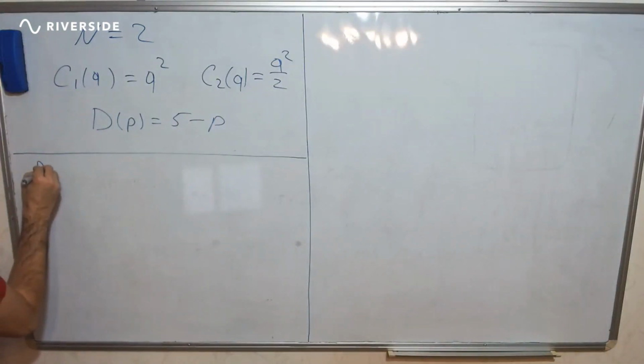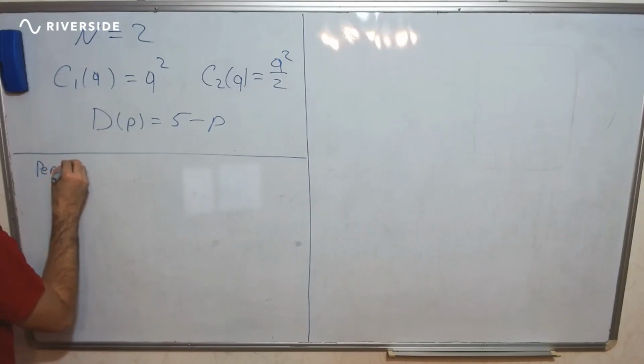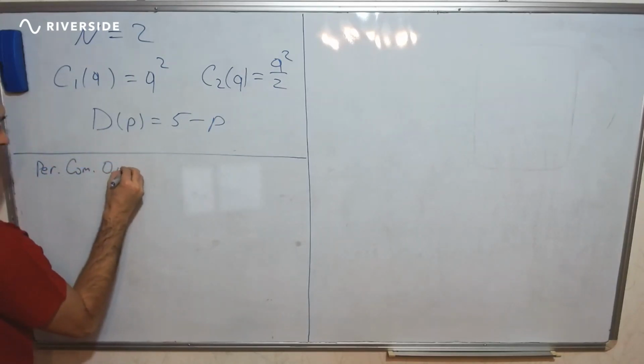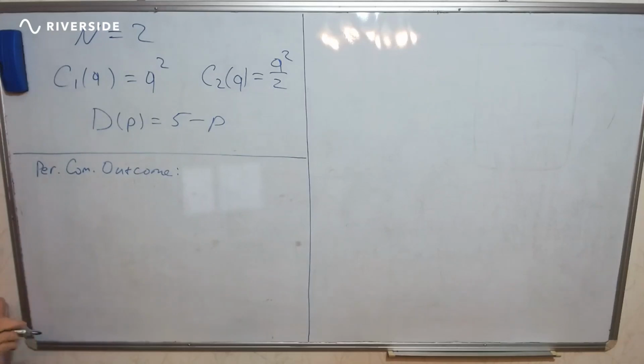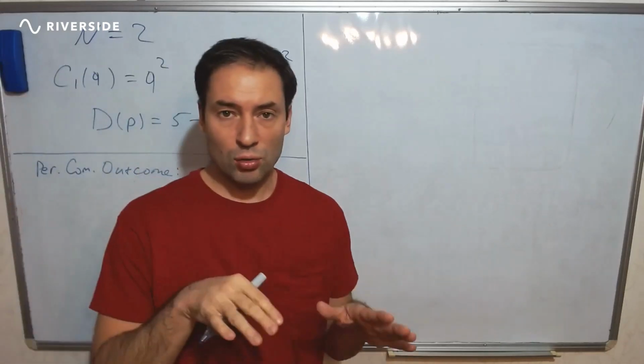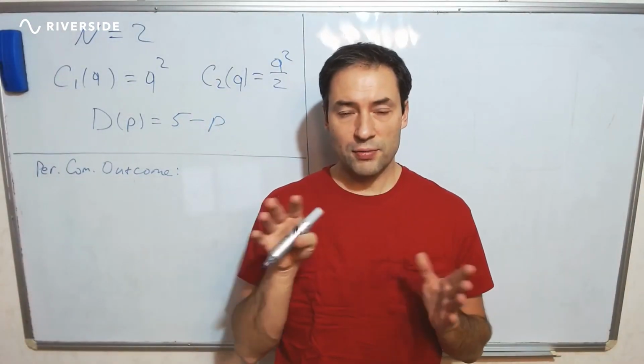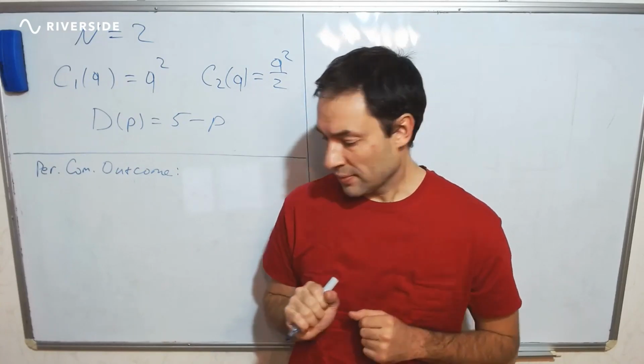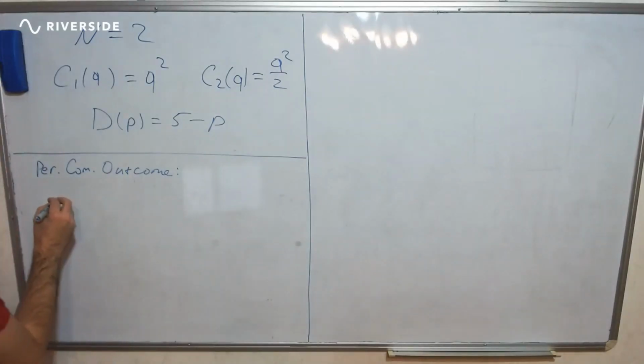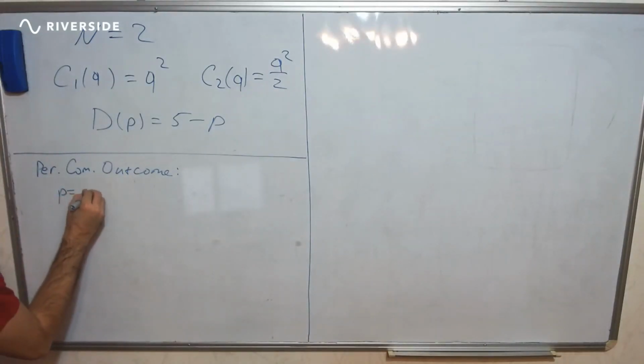So, perfectly competitive outcome. To find it, we need to calculate supply curves for each firm, using the standard condition, price equals marginal cost.